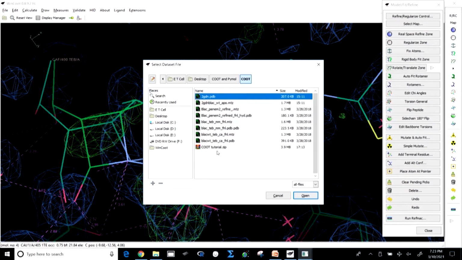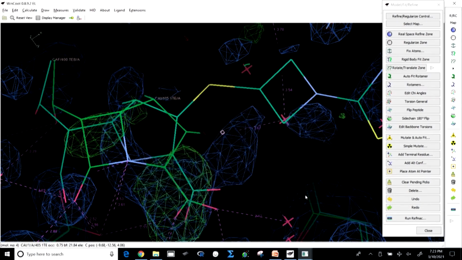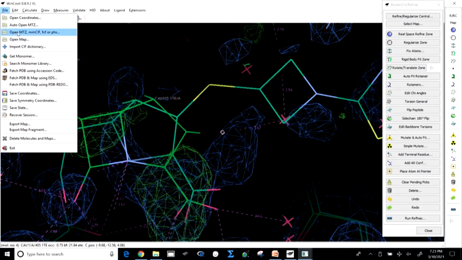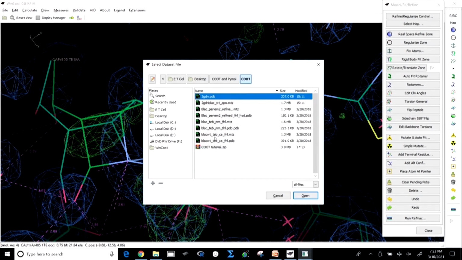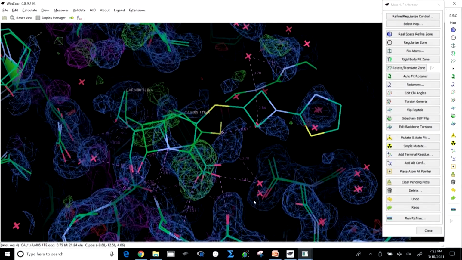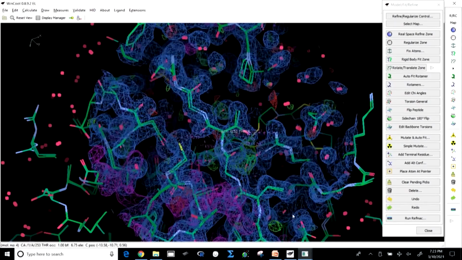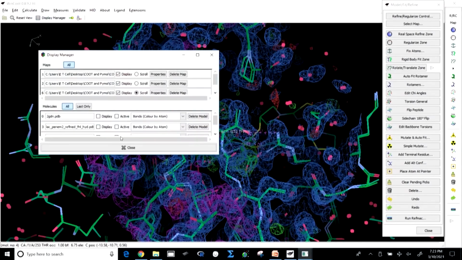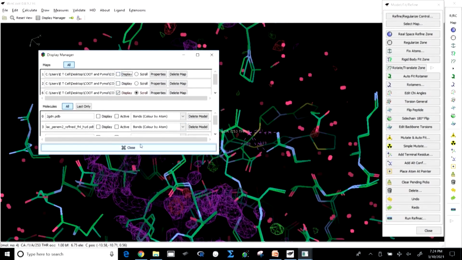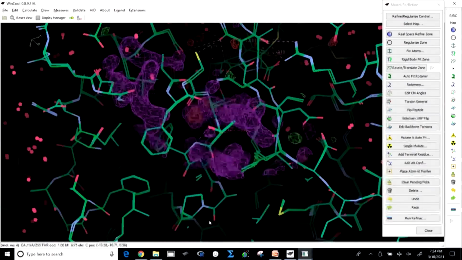And we could also bring the MTZ file of any one of those. Auto open MTZ, and so we get the MTZ file. We close the MTZ file.